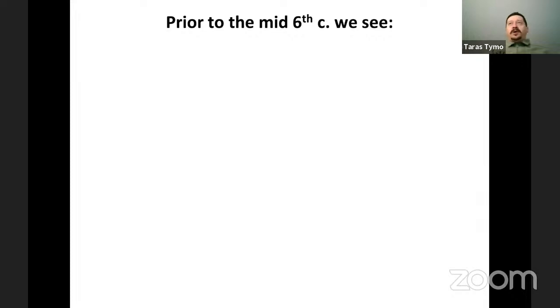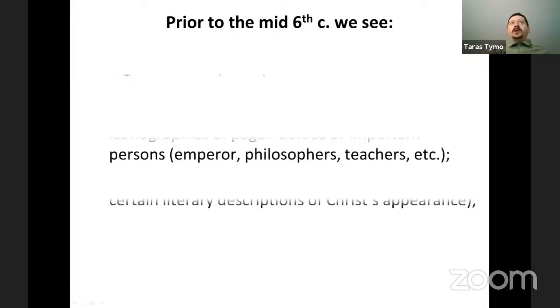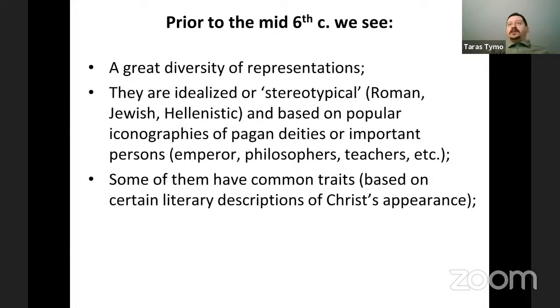So if to summarize this development process, we should say that prior to the mid-6th century, we see a great diversity of representations. They are very different. There is no regulation issued by any church council or any church authority. Artists are free to do their best to come up with some good representations of Jesus, and they experiment widely.